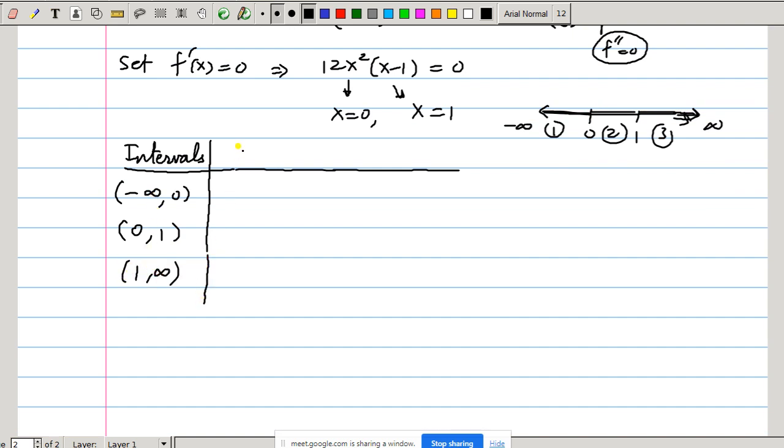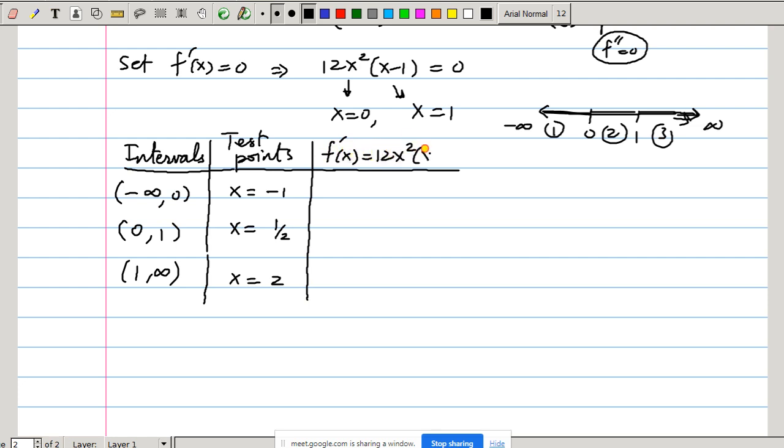Now I will pick the test points from here. What can I pick from this interval? Minus 1, any point within the interval. Here I can pick 1/2, and here I can pick 2, right? So these are the points. You can pick any other points as well that are in the interval, but these are the simple choices. Now I will put them in the first derivative, 12x squared into x minus 1.